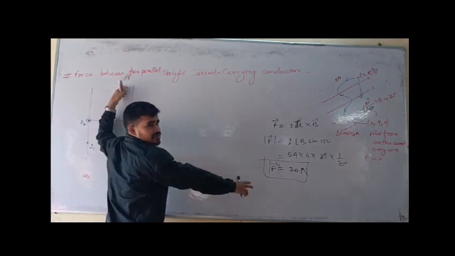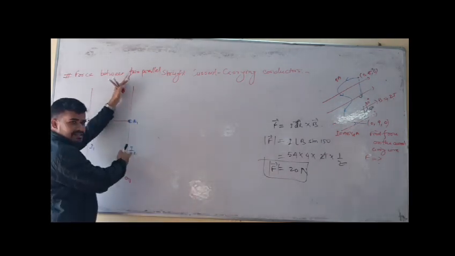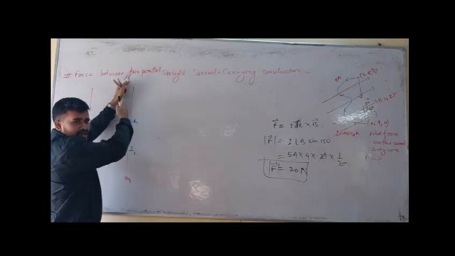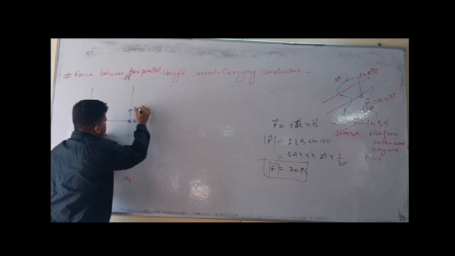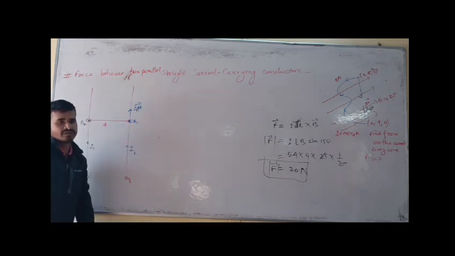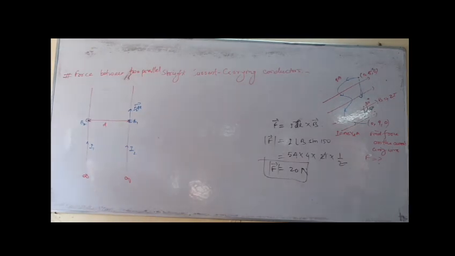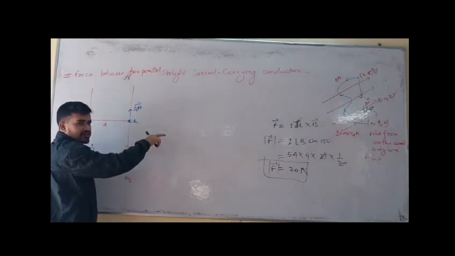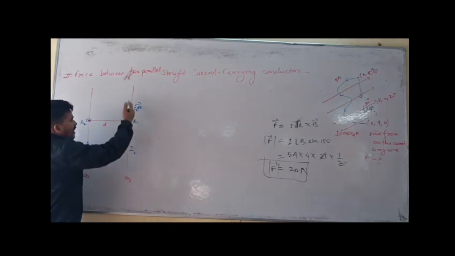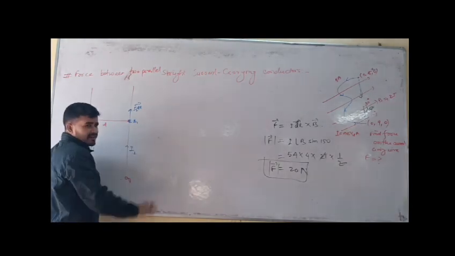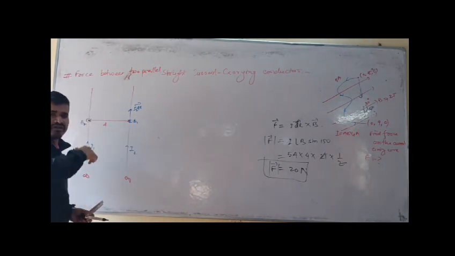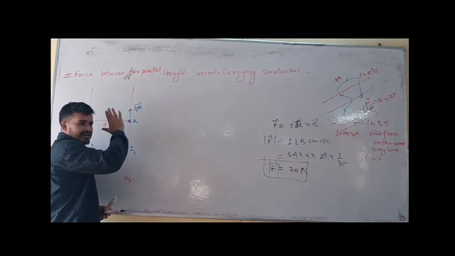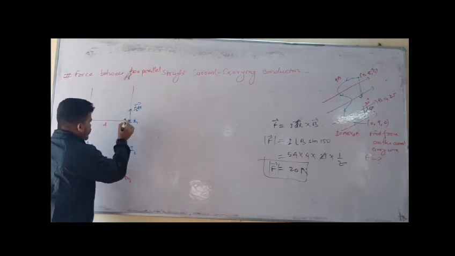Vector I dl cross B. Here I dl is in the upward direction, for length L. I dl cross B, B is inside. Force will be in this direction.